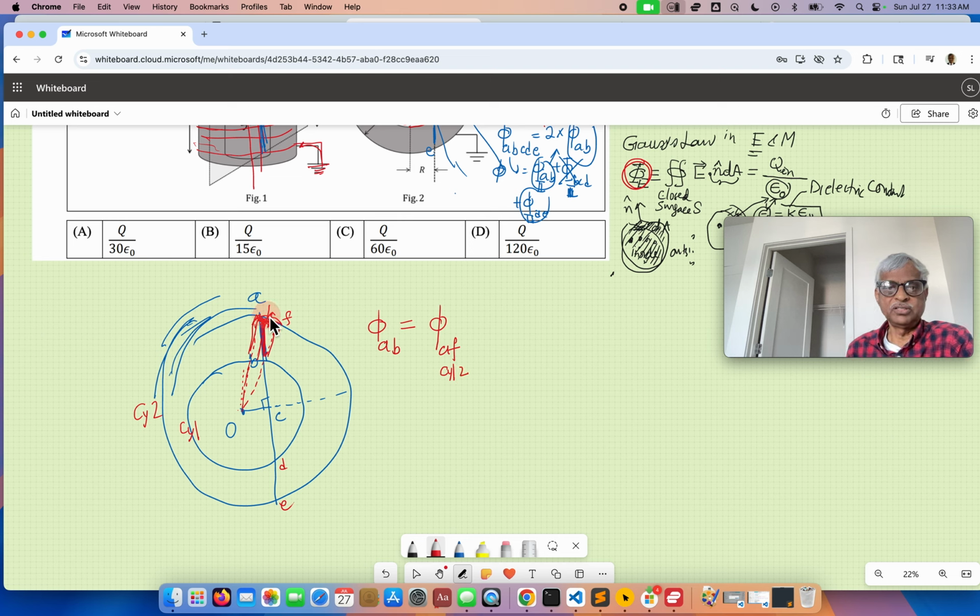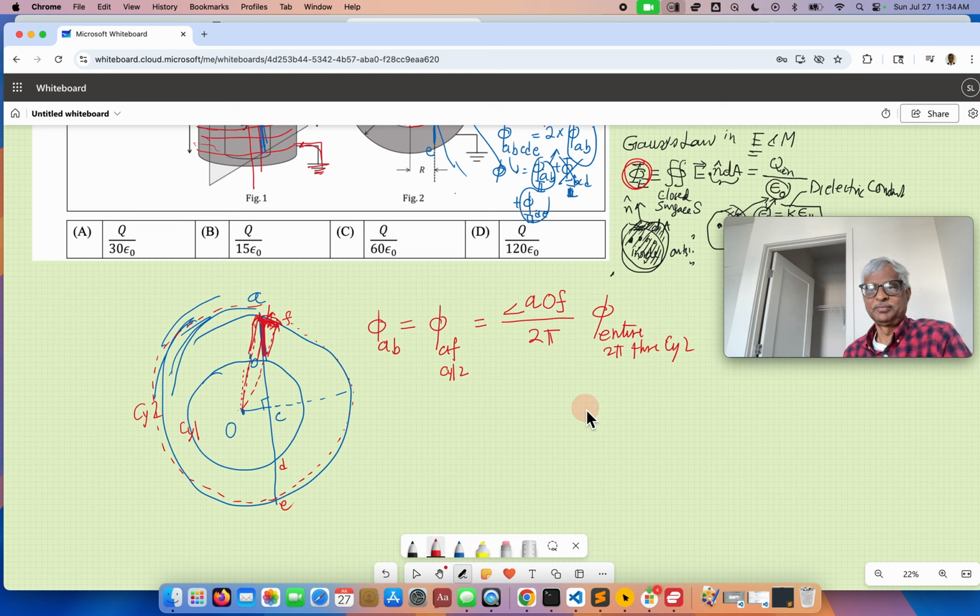Now imagine, from the symmetry, this 2 pi, so this is going to be equal to the angle AOF over 2 pi, times the flux through the entire 2 pi, through cylinder 2.